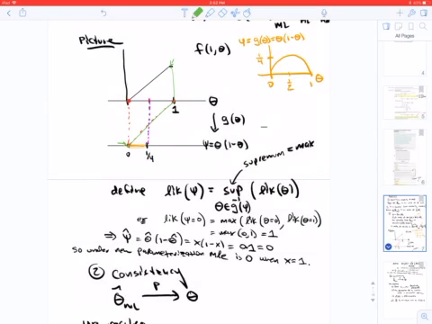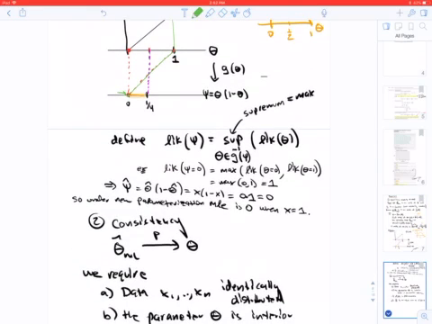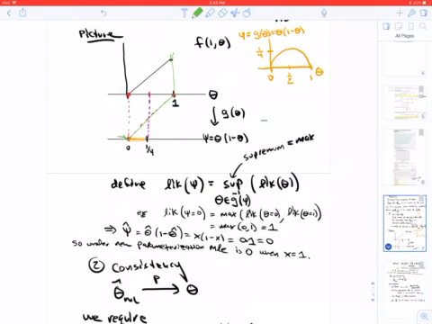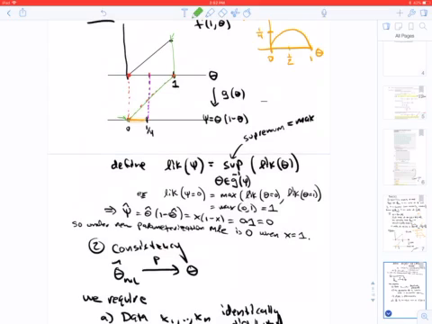So now for every value between 0 and 1/4, we get a unique value of f, and we're just looking for the value of phi that gives us the largest likelihood.